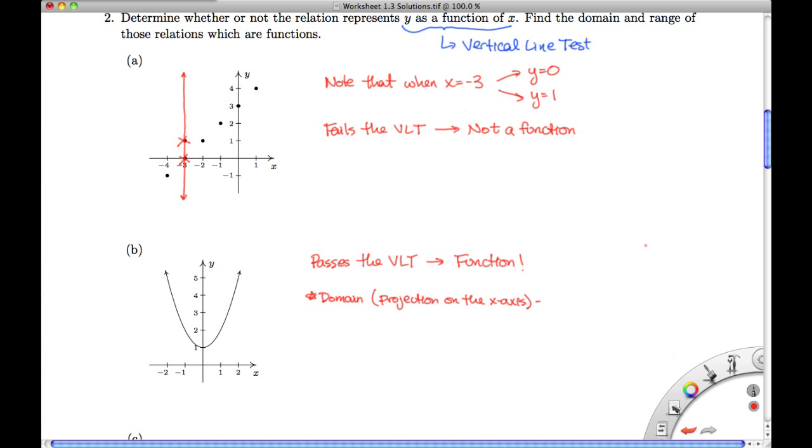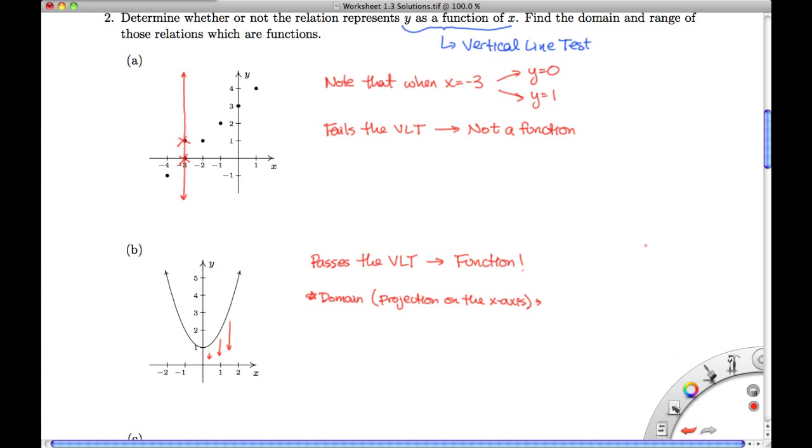We would compress all of these points down onto the x-axis, almost like flattening it, to see where the curve is defined on the x-axis, which would give us all of the points in our domain.